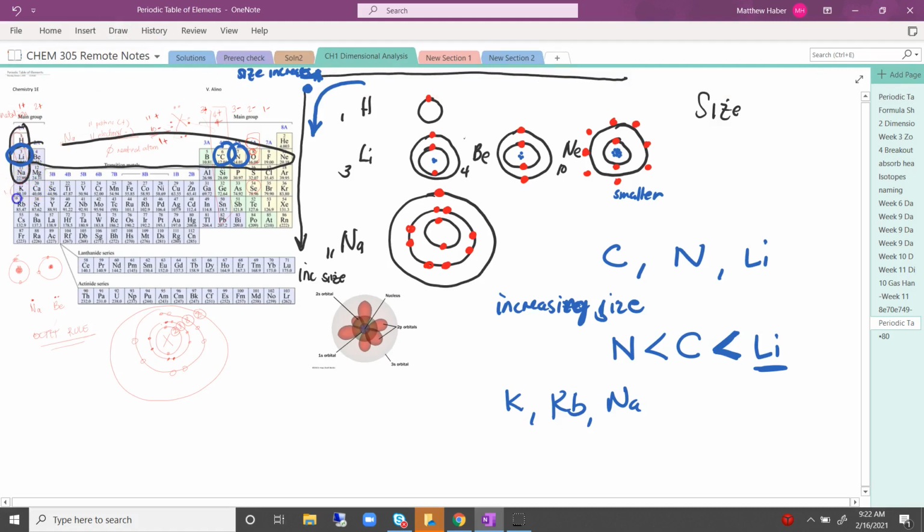So we have potassium, rubidium, sodium. Sodium is the smallest, followed by potassium, and of course the biggest there is rubidium. It just makes sense because as you go down the periodic table, you're going to need more and more energy levels. And let's see if you have retained this information with several exercises.